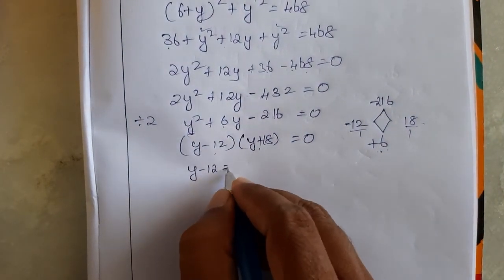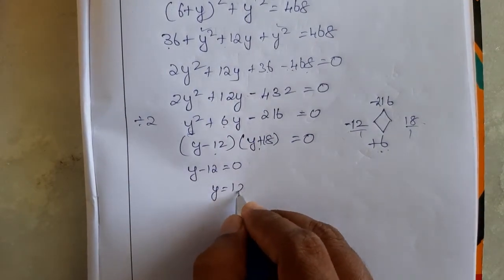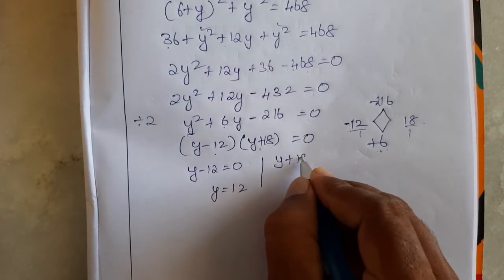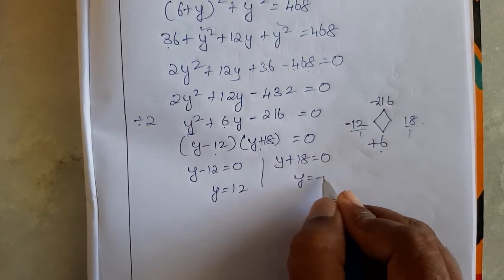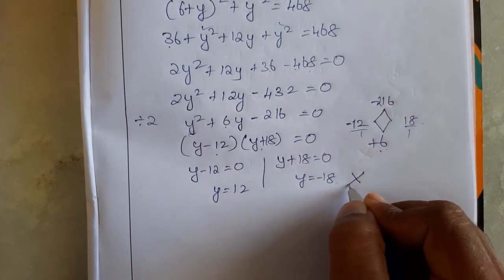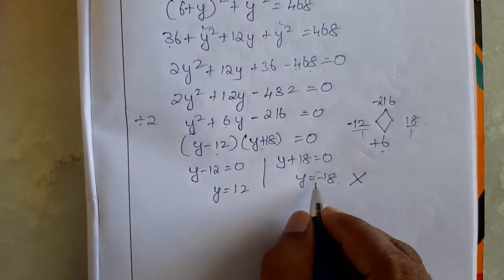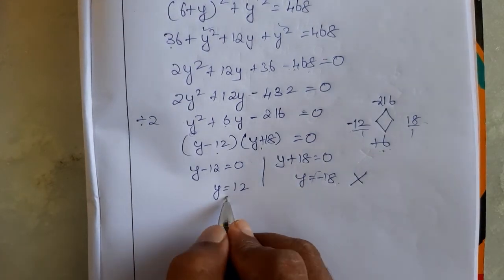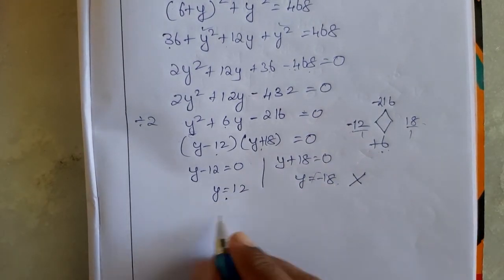Either this will be 0 or that will be 0. If y minus 12 equals 0, then y is equal to 12. If y plus 18 equals 0, then y is minus 18, which is not possible because a side cannot be negative, so this is rejected.